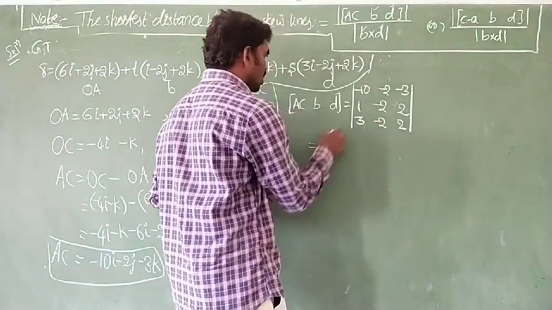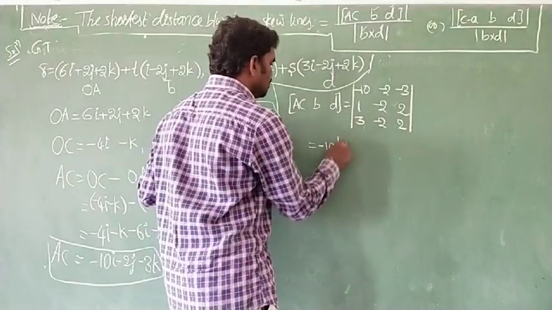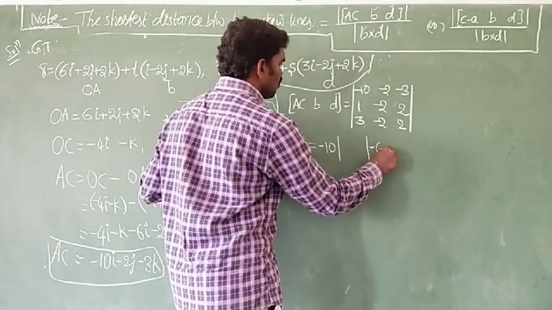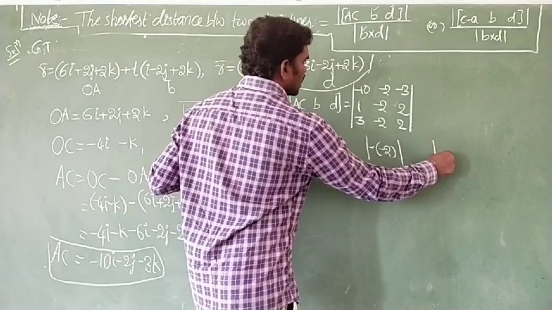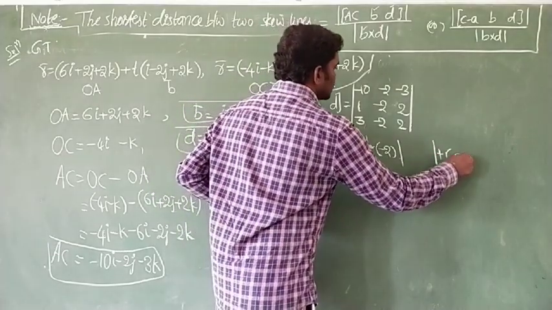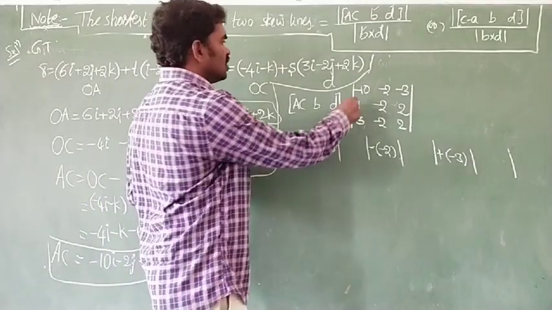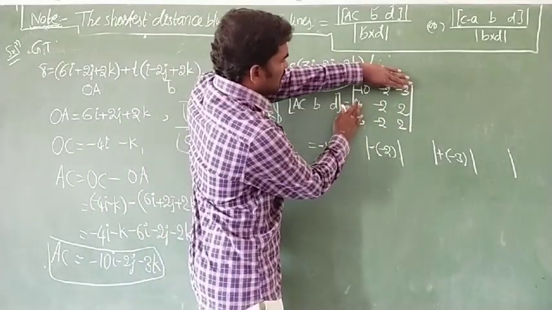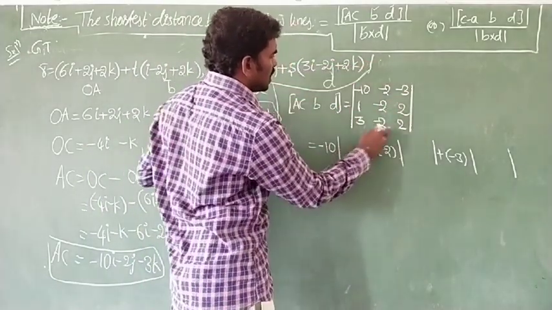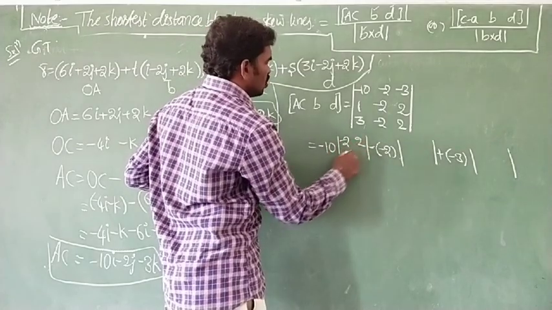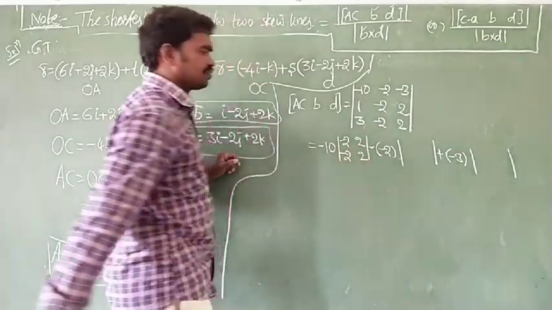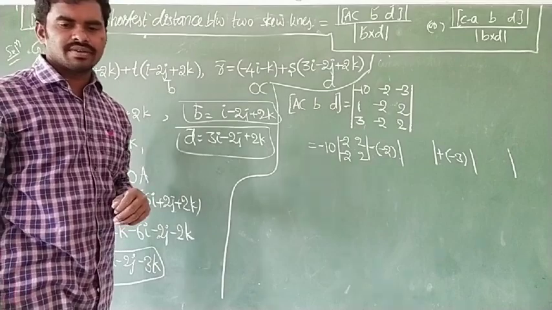So which is equal: minus 10 into, next minus of minus 2 into, next plus minus 3 into. Simplify, we can get one answer. So minus 10 with the remaining: minus 2 2, minus 2 2. Is it clear?